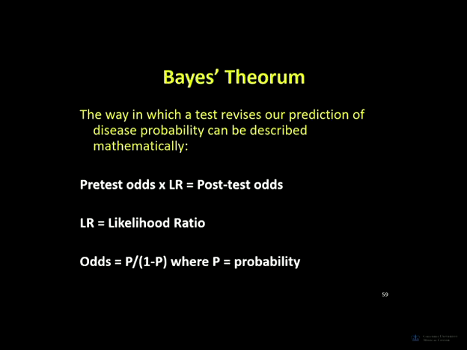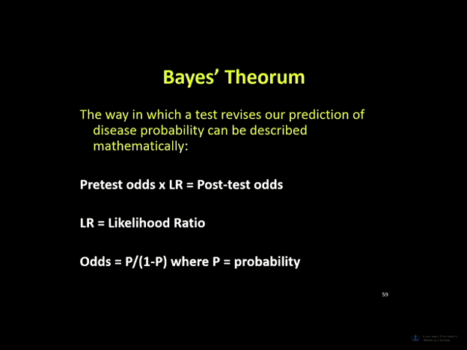But also, some people respond to the mathematical formula much more than they do to the 2x2 table. Whatever your thinking style is, you can choose whichever way you prefer. So I'm going to show you the same information in a different way.